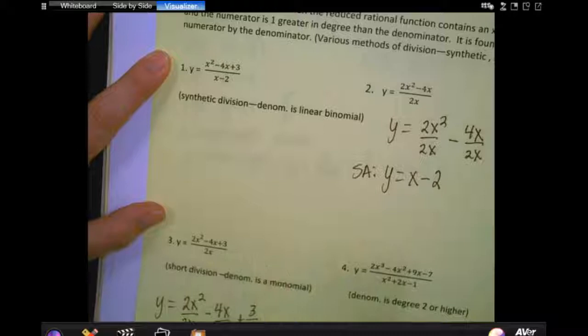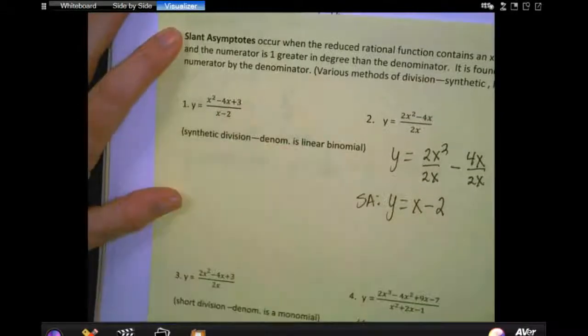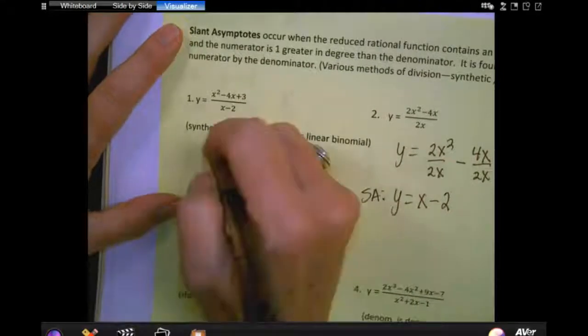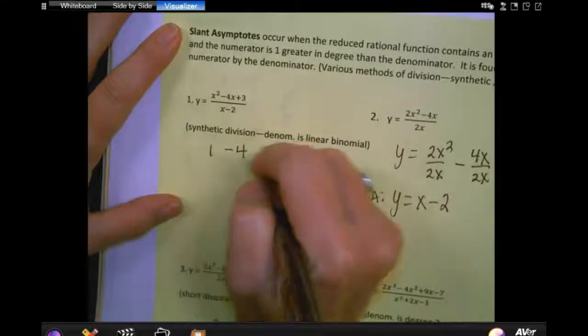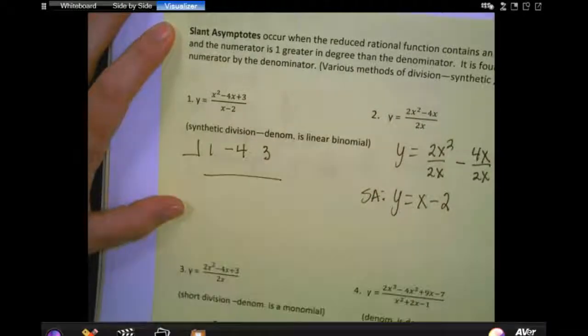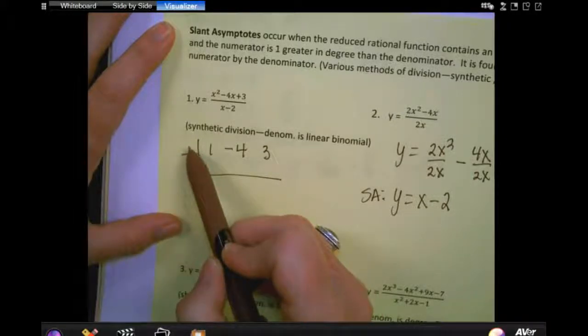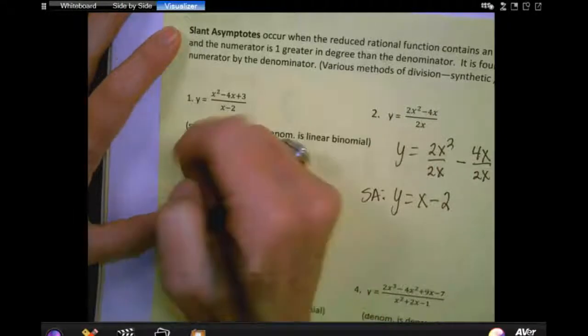Okay, so number 2 and number 3, it was a single term. And so we broke these apart and we divided. If it's this, which is x minus 2, we can use synthetic division. So am I going to put a -2 or a +2 here? +2.